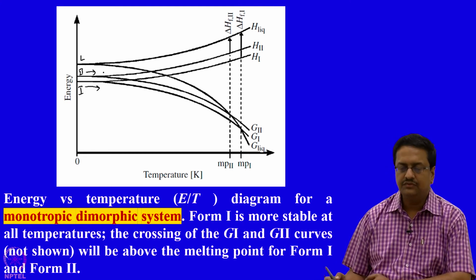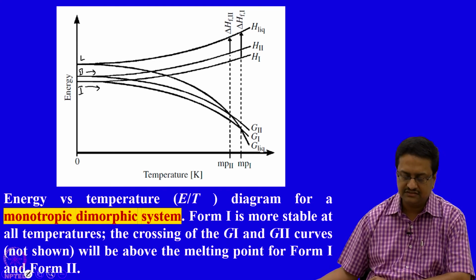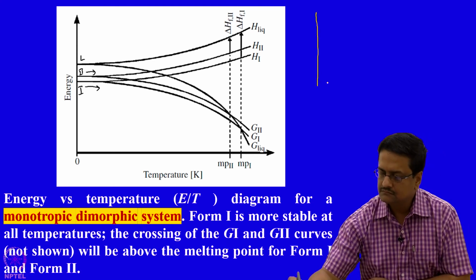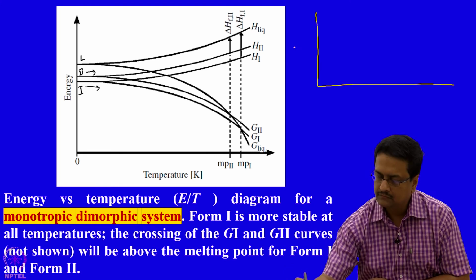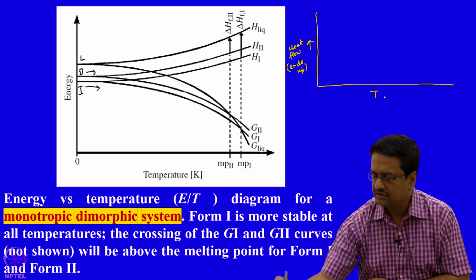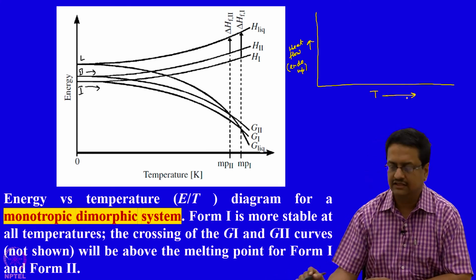So, what happens if we do a DSC of such a system? We again plot the heat flow on the y axis with endo up and temperature on the x axis.